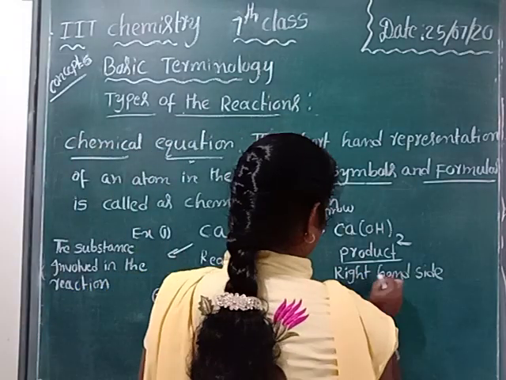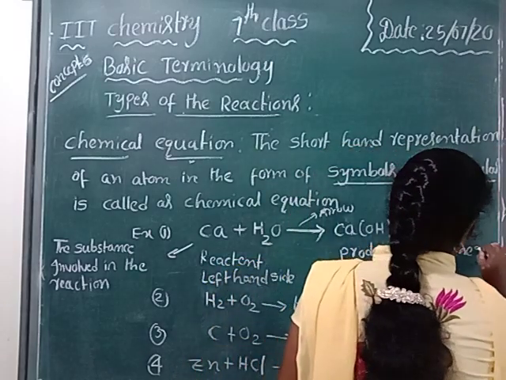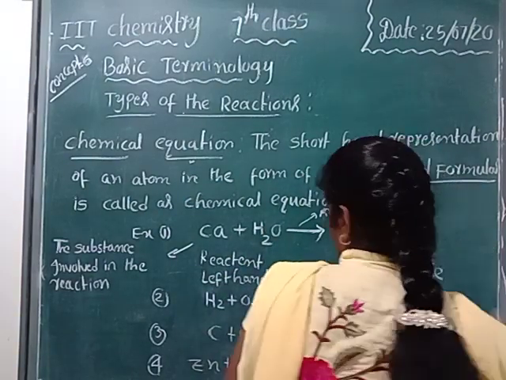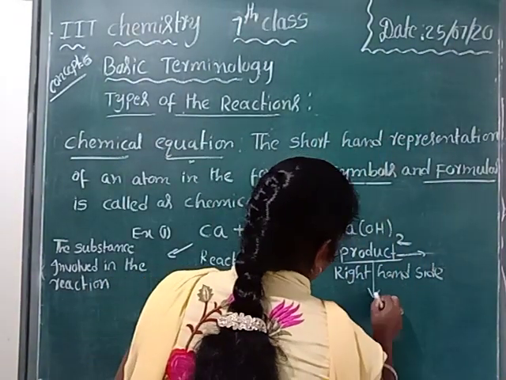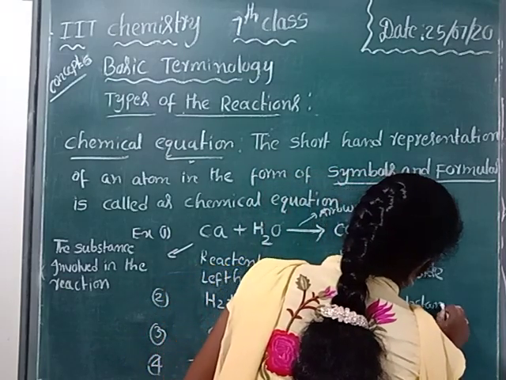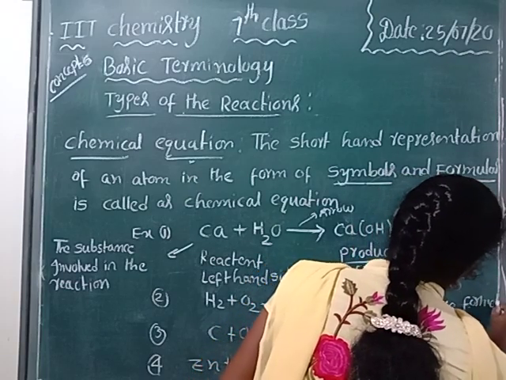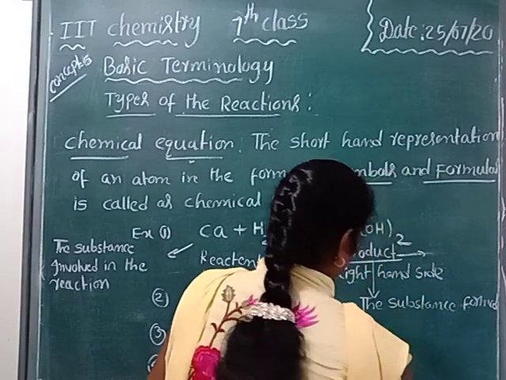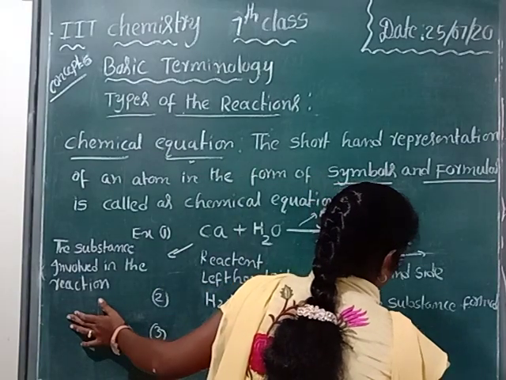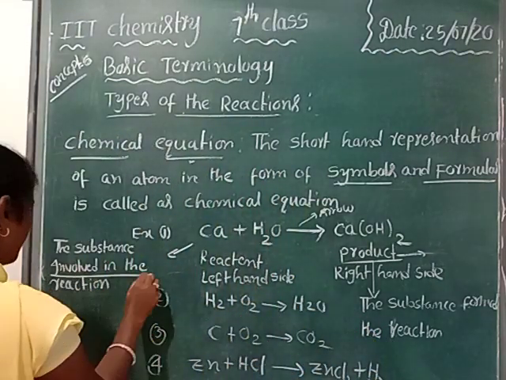What is the product definition? The substance formed in the reaction. What is the definition of reactant? The substance involved in the reaction is called reactant.